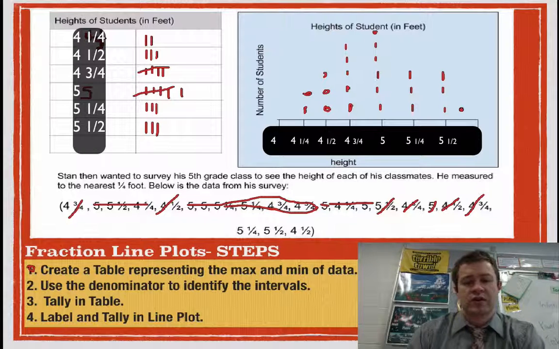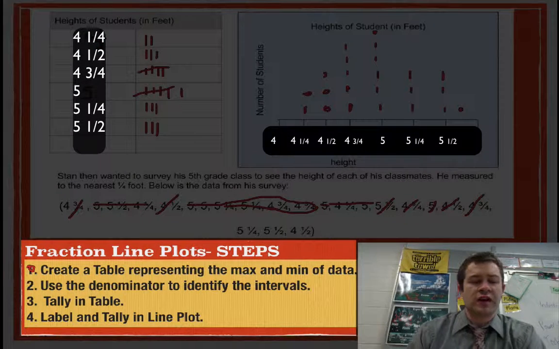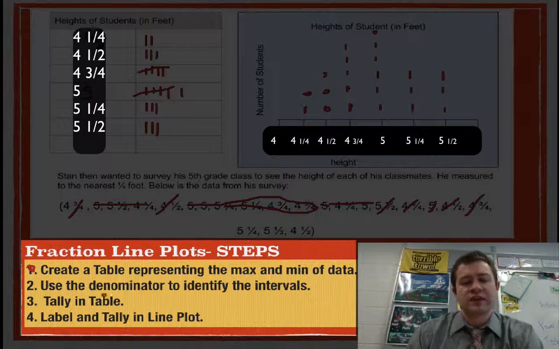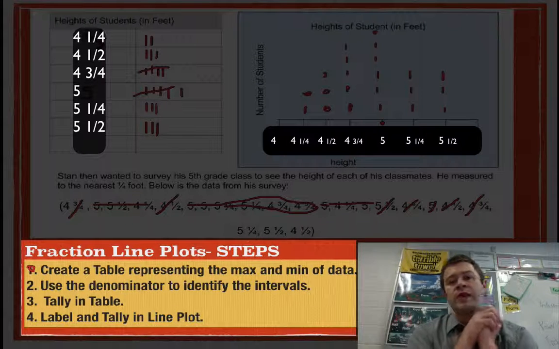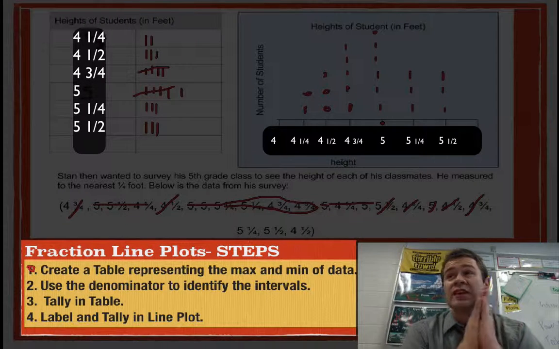All right? So what I do to create a fraction line plot is I use my data to find the max and min and my intervals. If it's in quarters, then my intervals are quarter inches or quarter feet. And so I would have 4 intervals or 4 spaces in between each whole number. If I were in eighths, it would be 8 spaces between each whole number.